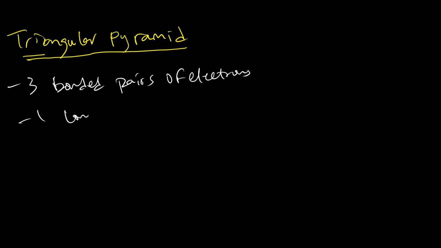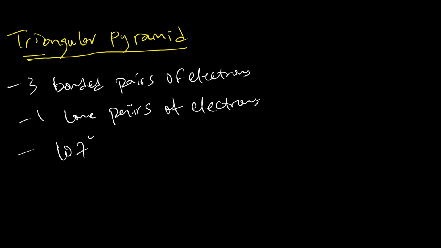In trigonal pyramidal, we have 3 bonded pairs of electrons and one lone pair of electrons, and the bond angle is about 107 degrees.